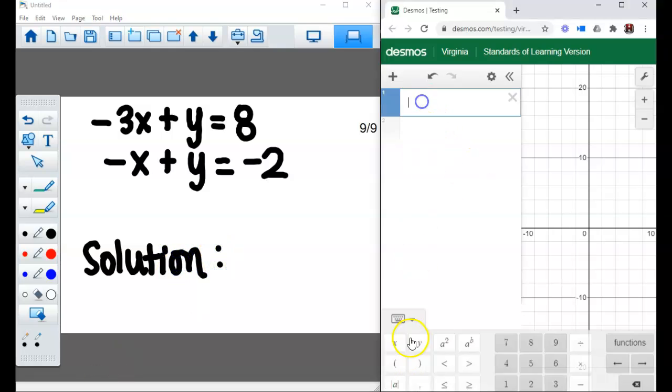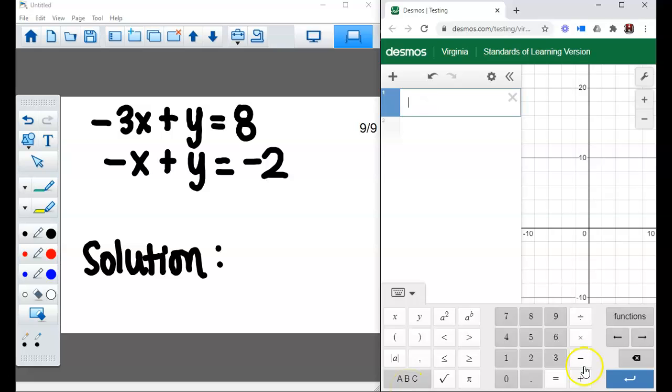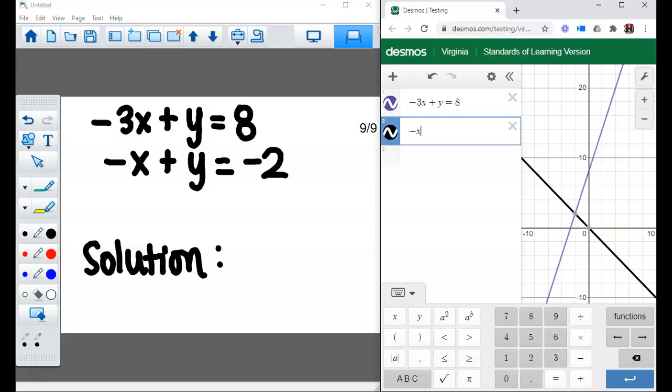All right, equation number 1, let's type it in. Negative 3x plus y equals 8. Line shown in purple. Hit enter. Do the second one, negative x plus y equals negative 2.